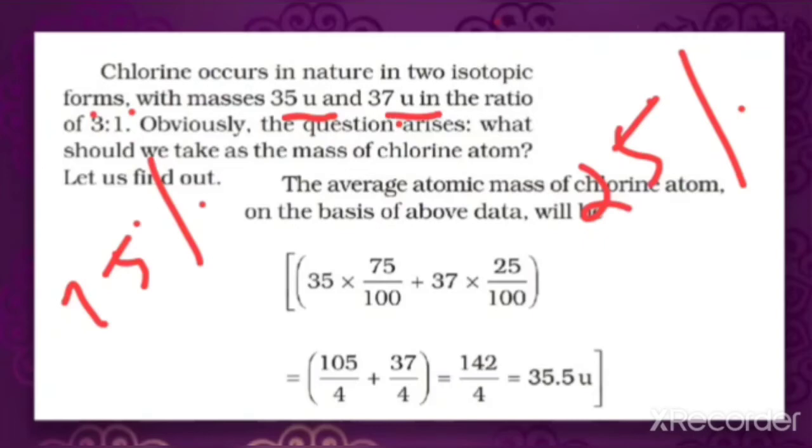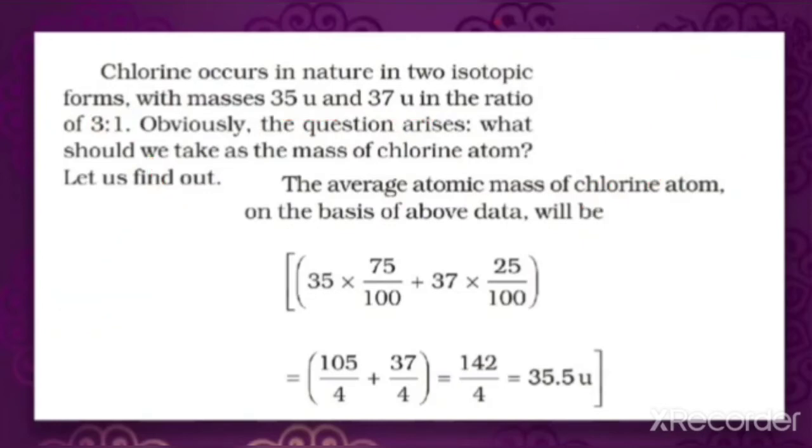So on the basis of this, how do we find the average atomic mass for the chlorine atom? That is 35 into 75 divided by 100, because 75% is chlorine-35, plus the 25% of chlorine-37, that is 37 into 25 by 100.